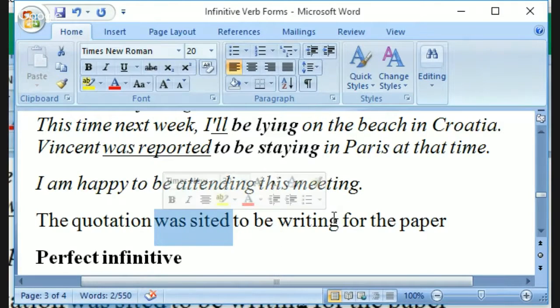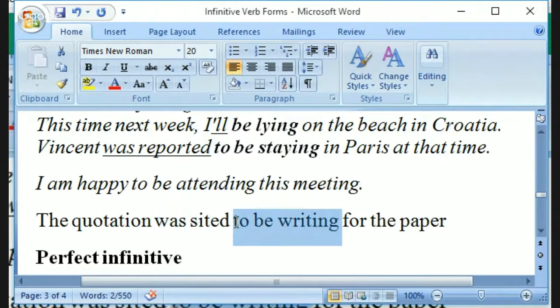It doesn't quite match up for me. Doesn't really make sense. The phrase was quoted. Yeah, I understand the phrase was quoted, the quotation was cited for the paper. That makes sense, but the to be writing here, I don't get it.